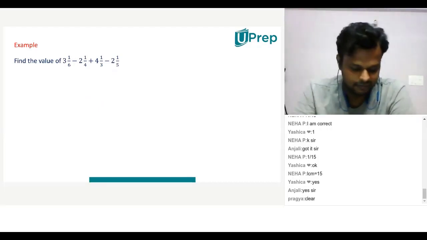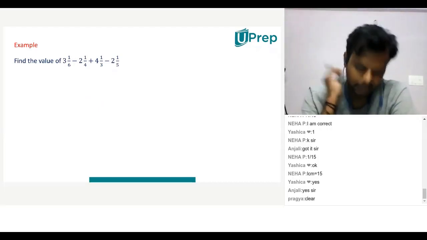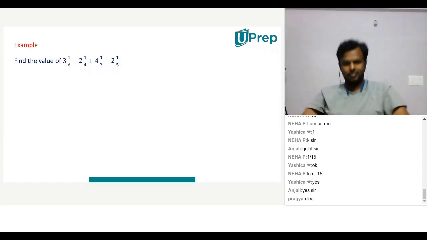Children, tricky one. First, convert everything in improper fraction and then get the answer.